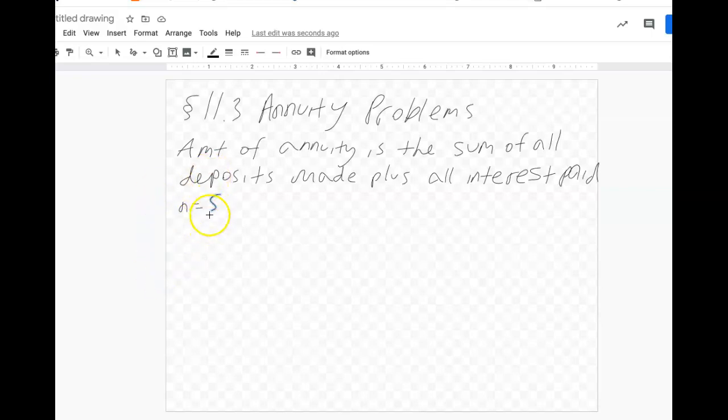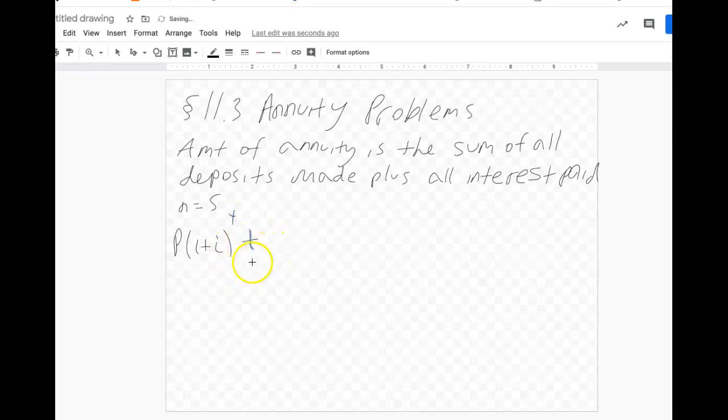If we're going to have 5 deposits made, the tricky part is that the first deposit is interest compounded for 4 payment periods, so that's 5 minus 1. So for the first deposit, the amount is going to equal P times (1 plus i) to the 5 minus 1, or 4.